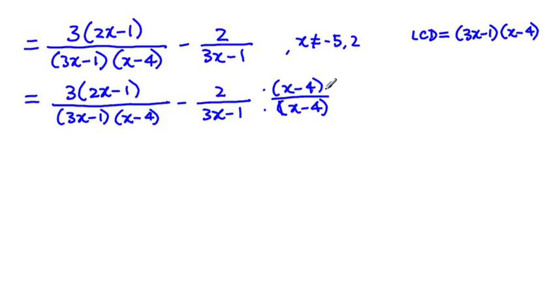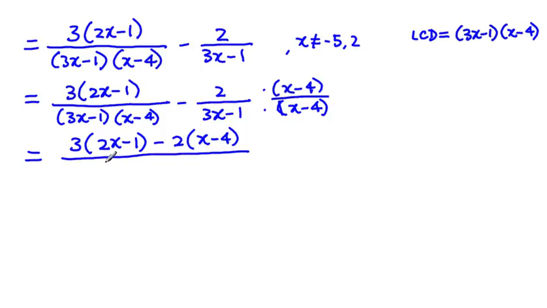So the next step, we will subtract the numerators together and keep the same LCD. So we have 3 times parenthesis 2x minus 1 minus 2 times x minus 4, and then the whole thing over the LCD.